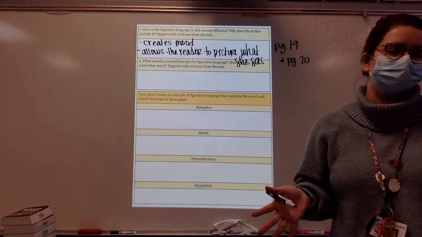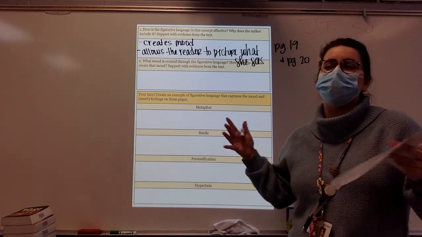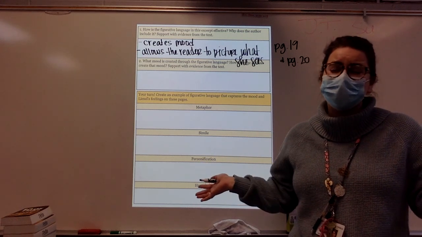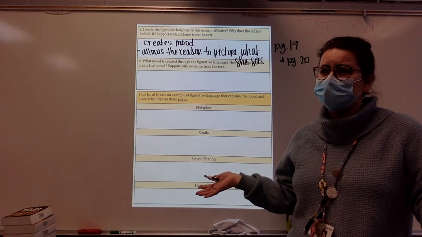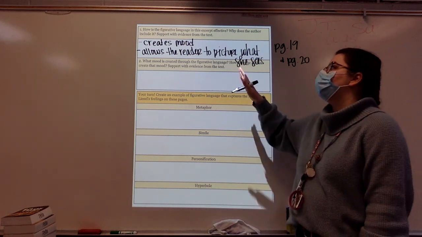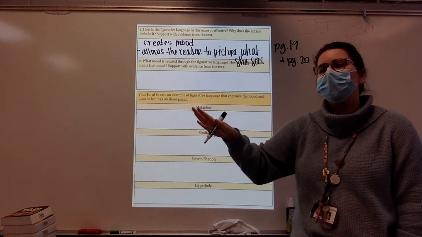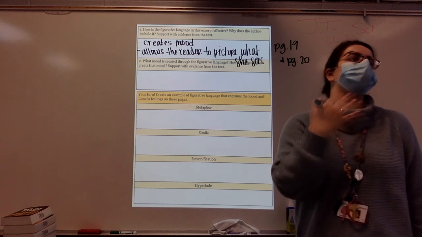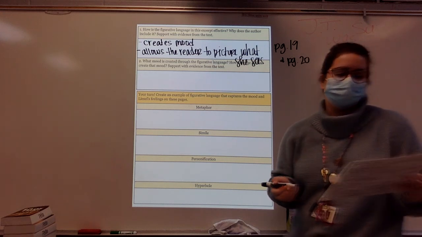Markus Zusak, the author, could have taken these 2 pages and just said, you know what? Liesl visits the mayor's wife. Turns out she has a lot of books. Liesl really likes books. But that would not have been as effective. When we use this figurative language, it allows us to see it, to understand where she's coming from, and allows us to create a mood. We share what Liesl is experiencing.